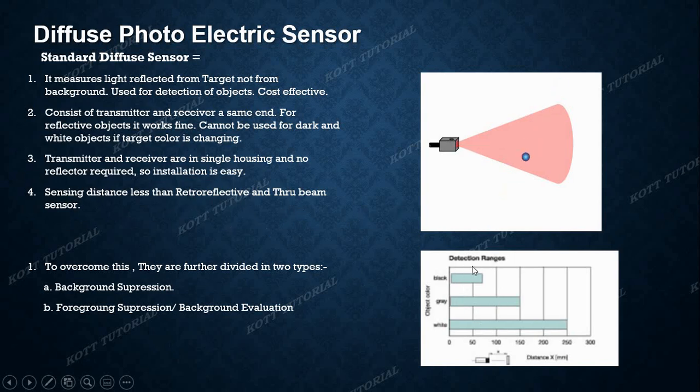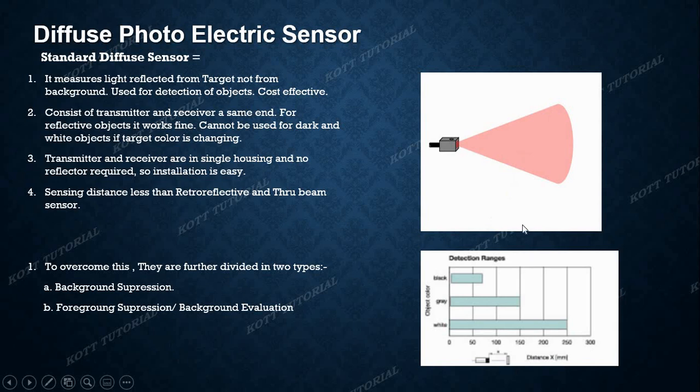Now see, in this chart we can see the working of a standard diffuse sensor. On the x-axis we can see 0, 50, 100, which is nothing but the distance in mm, that is the sensing range of the sensor. On the y-axis we can see the color of the product, that is black color product, gray color product, white color product.